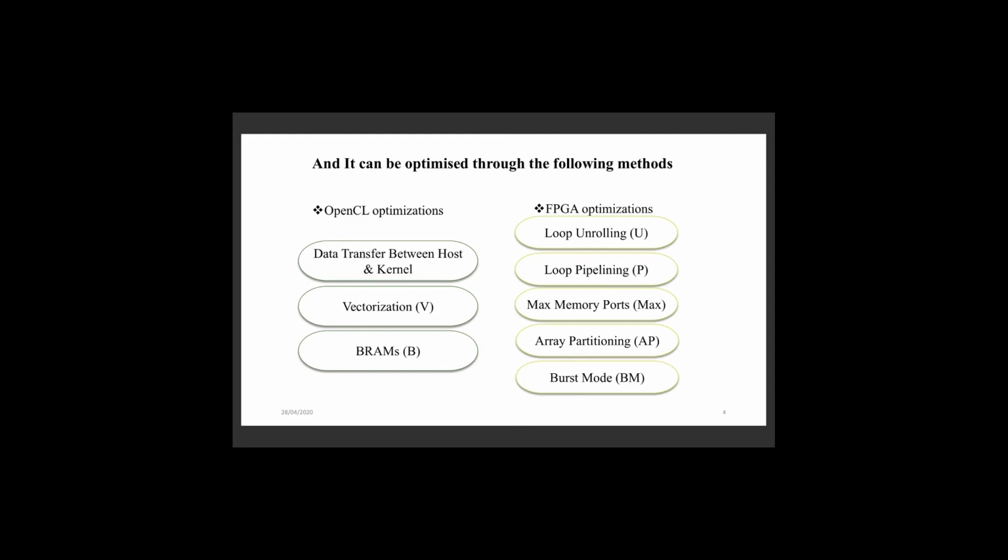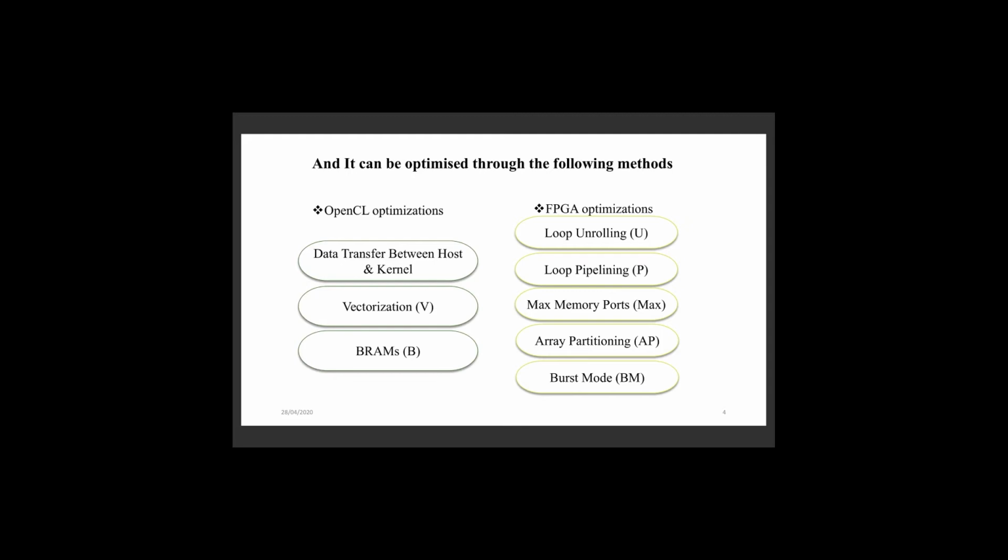There are optimization options from both levels, the FPGA level and the OpenCL level, which makes it interesting to explore the choices in terms of mapping mechanisms and optimization mechanisms to reach the best implementation.